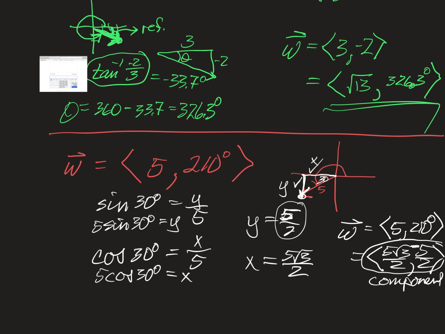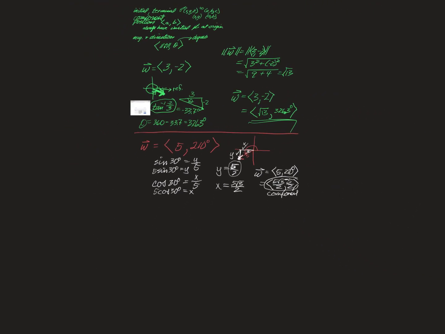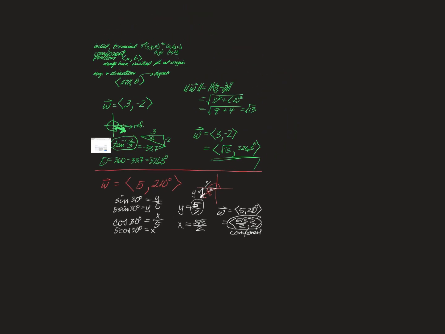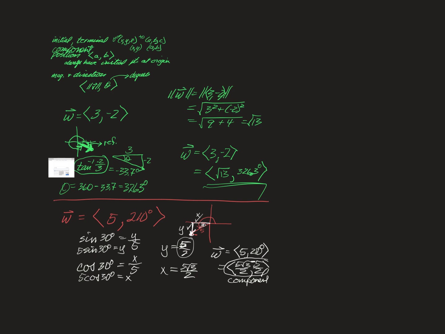So this is the correct component form. Let's talk about this. I just did it in a trig way, and what I want to do is do it more the way they give it to us. We need to look at this right here and this right here.